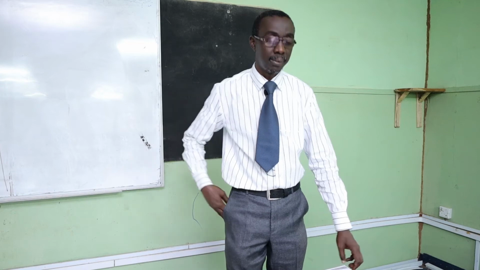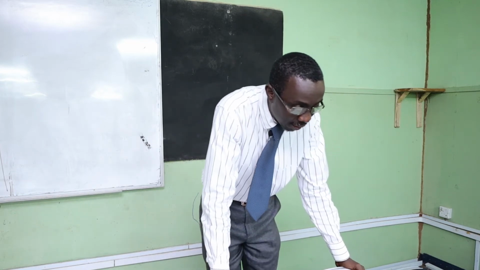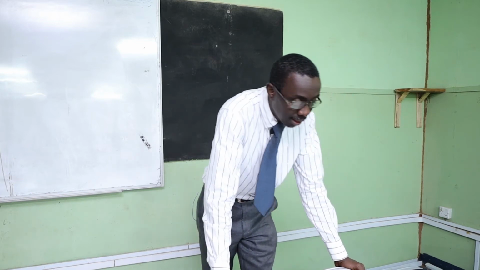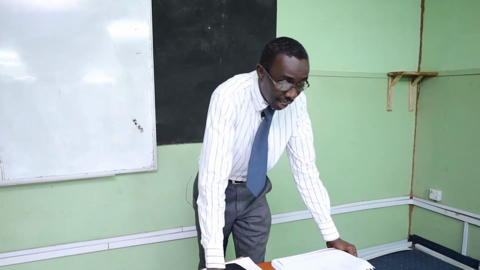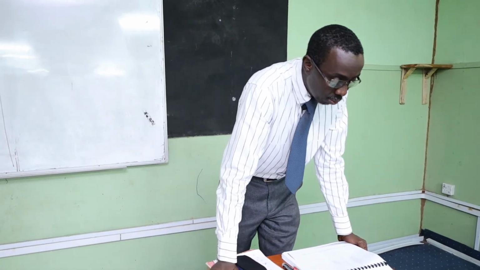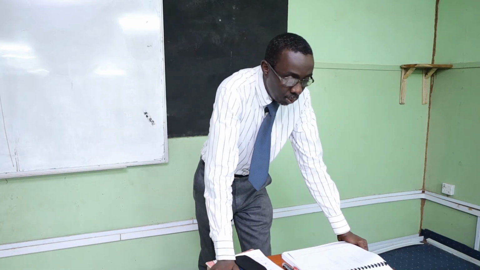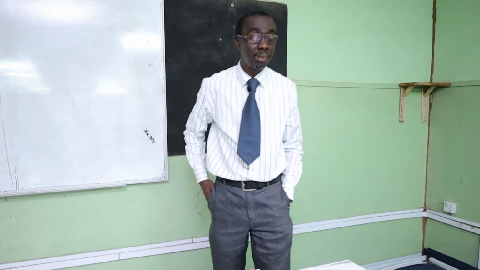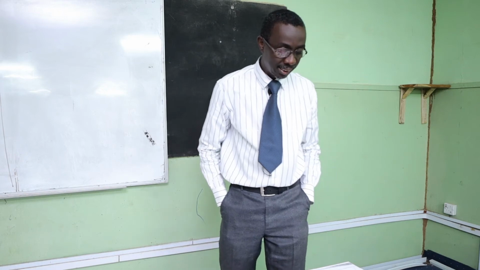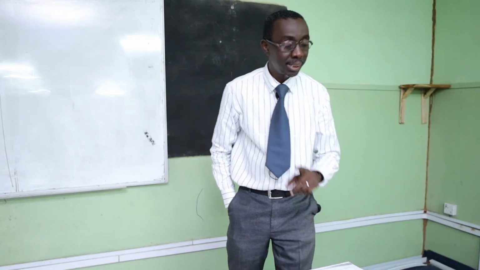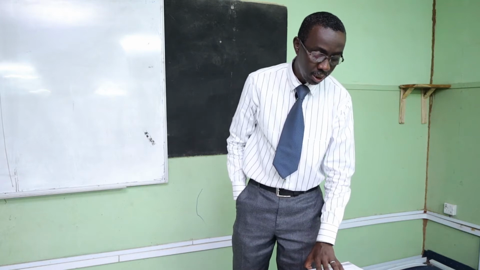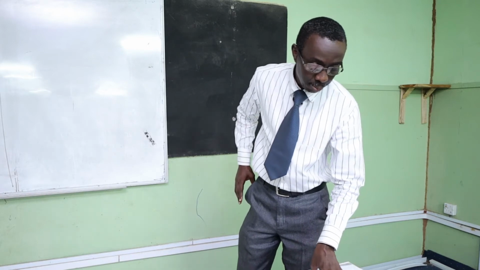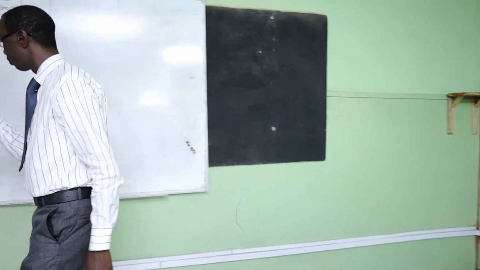The pilot of an aircraft 2,000 meters above the sea level observes at an instant that the angles of depression of two boats which are in direct straight line are 58 degrees and 72 degrees. Find, correct to the nearest meter, the distance between the two boats. Are we okay now? Yes.